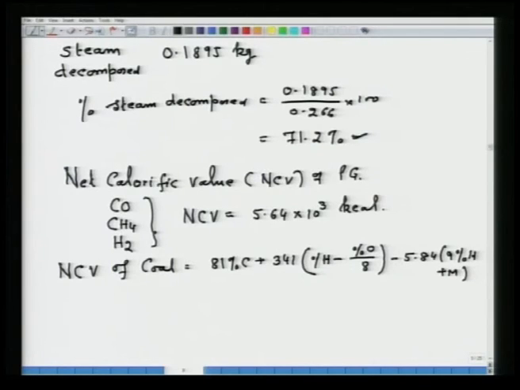So, we substitute the percent values. So, NCV of coal will be equal to 7566.32 kilocalorie.